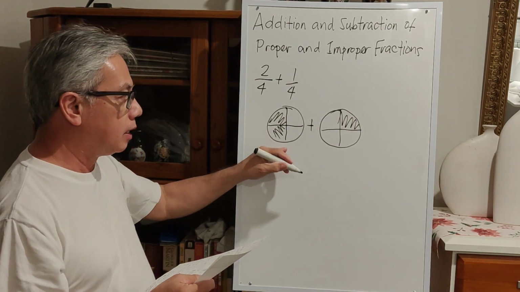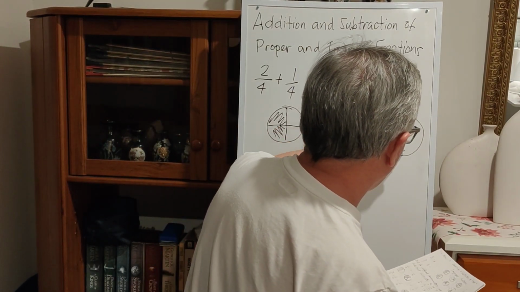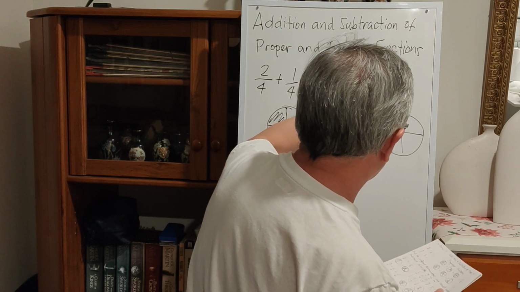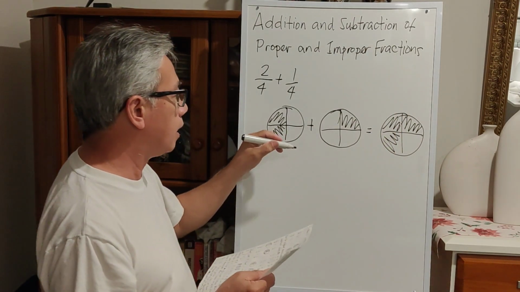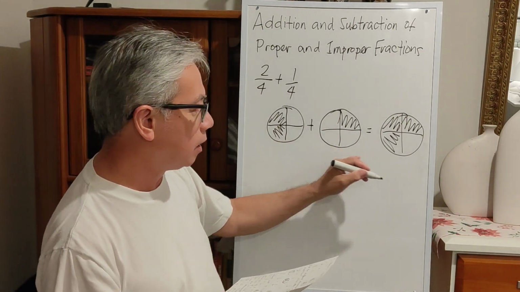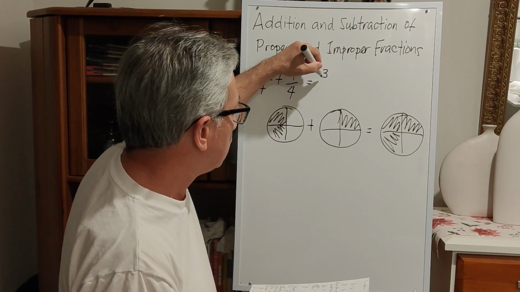So if we add this one to this one, so this is the first one and this will be the second one. So if we add this one plus this one, it becomes this one, and if you look at it, it will be 3 fourth.